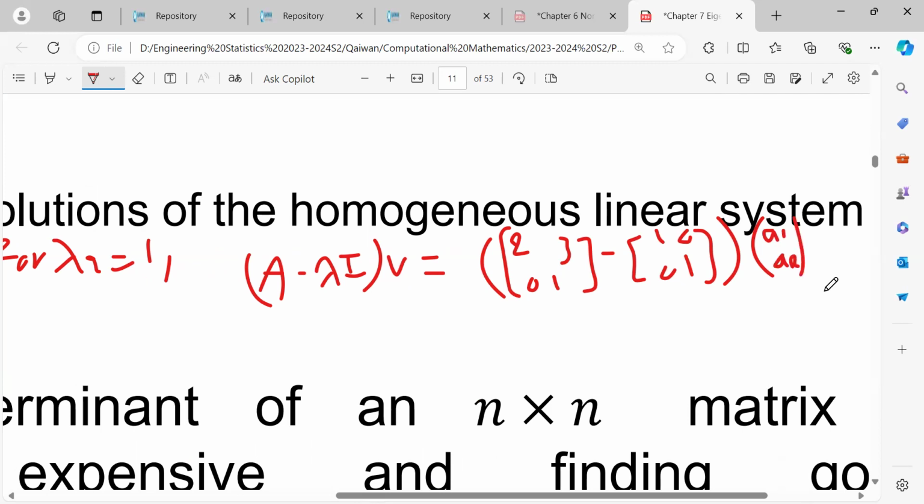Choose different symbols for different eigenvectors. This equals 0, 0.